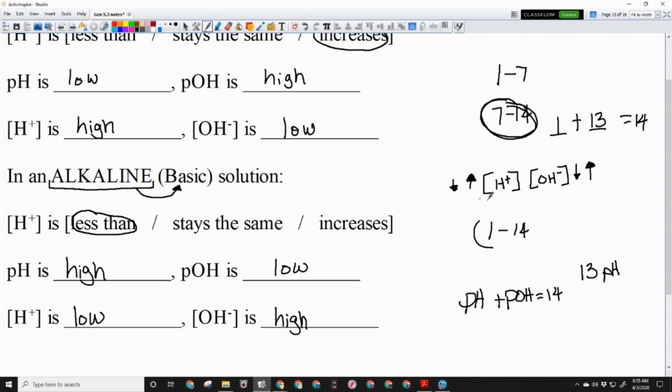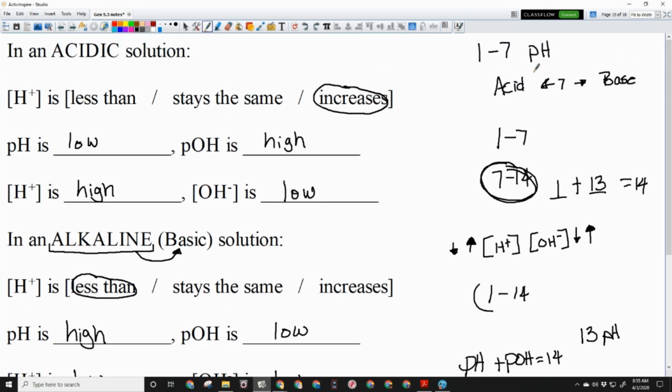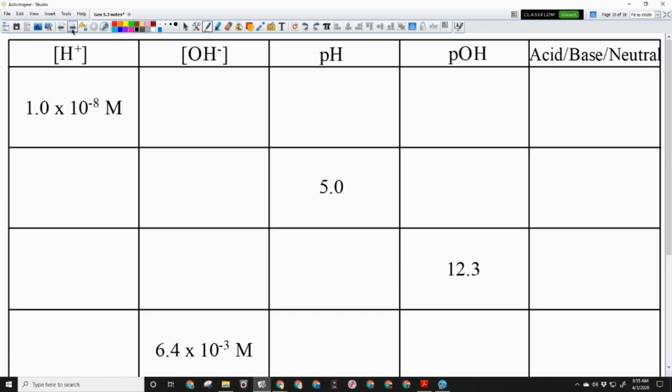If this is high, this is low; if this is low, this is high, etc. On these kinds of concept questions, at least for me, now this may come much quicker for you, but for me, I have to stop and actually talk myself through this and visualize it. But you'll get there.